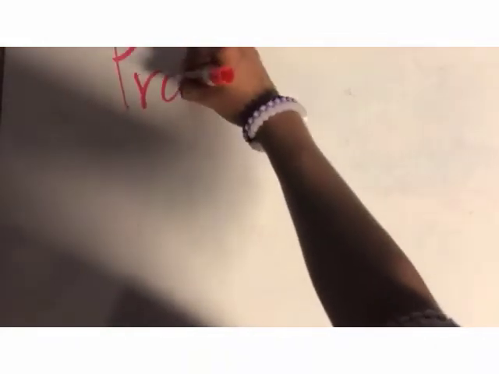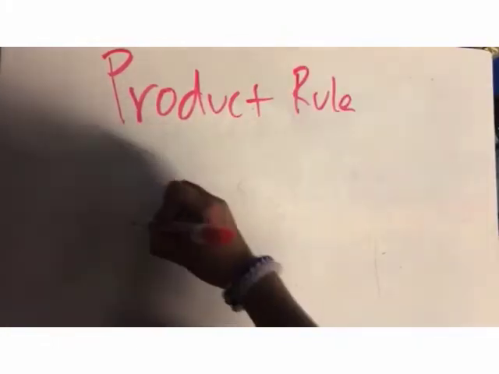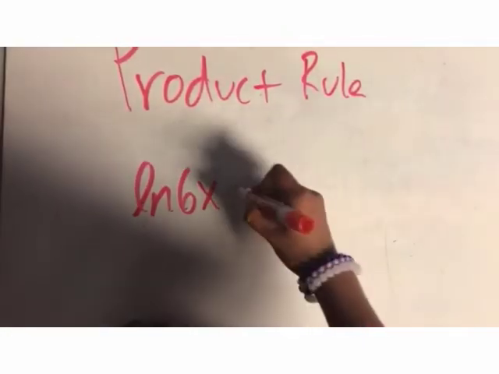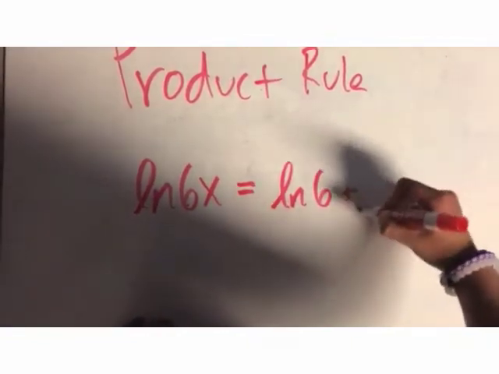So now let's do a few examples. Our first example is going to be of the product rule. With the product rule, I'm given the equation ln 6x, which I can break up into ln of 6 plus ln of x. Now for our basic example of the quotient rule.